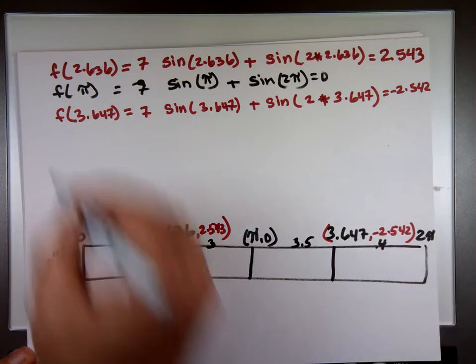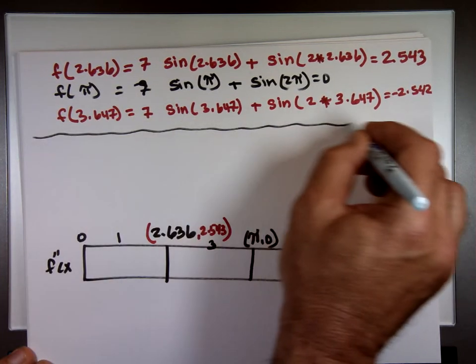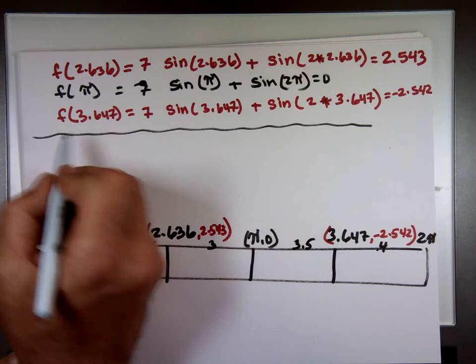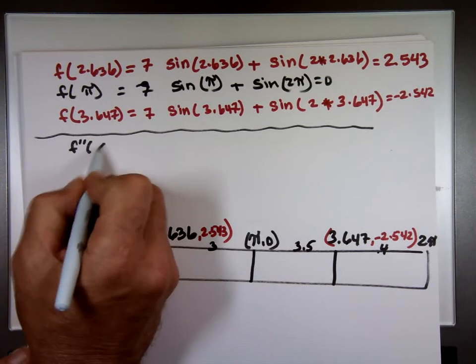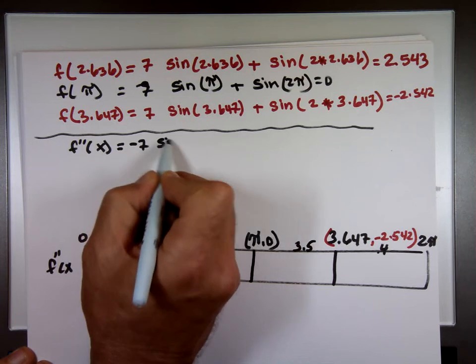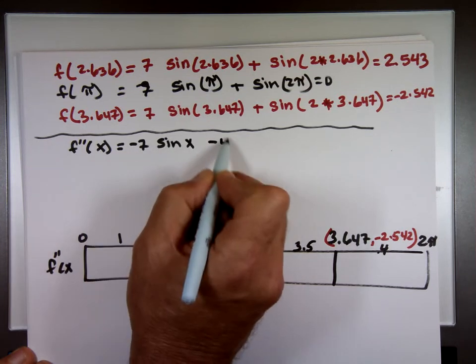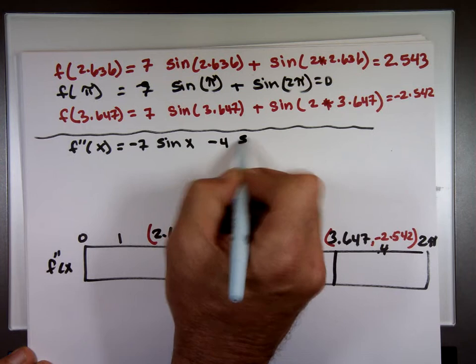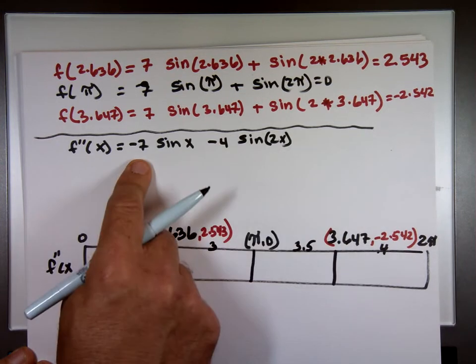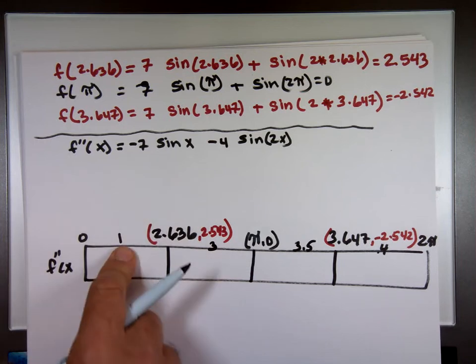Plug it into the second derivative. Here's your second derivative in case you forgot: negative 7 sine of x minus 4 sine 2x. Plug in the 1.